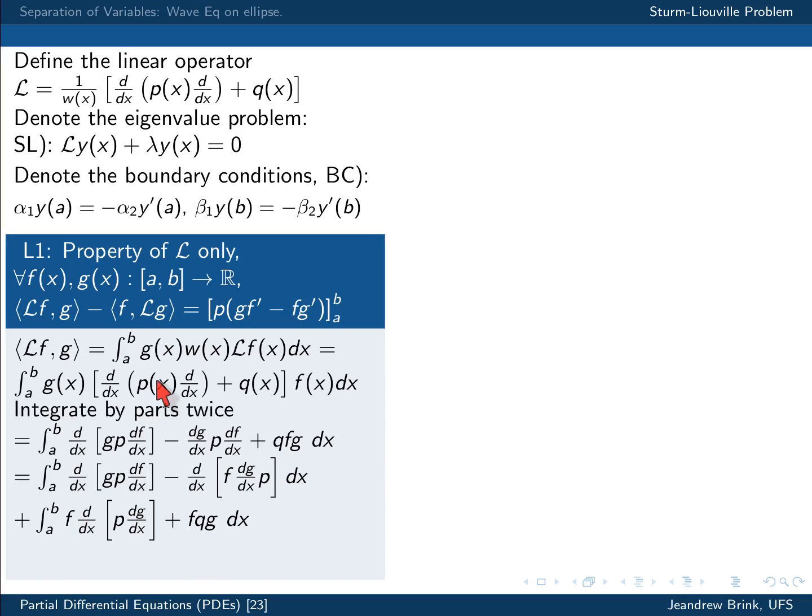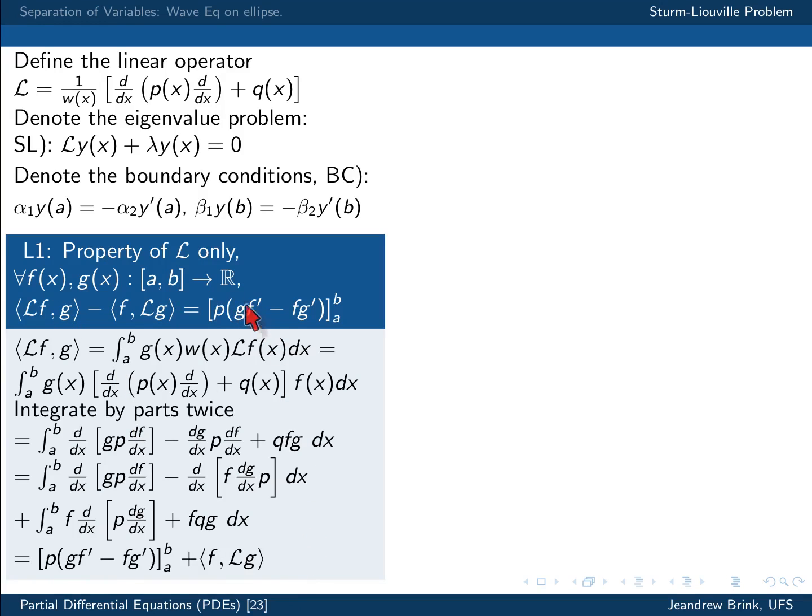So the second term is simply the integral of f(x) w(x) L applied to g(x) dx, which is just the inner product of f with Lg. Okay, which immediately gives you the result up here. So that's sufficient to prove the result.